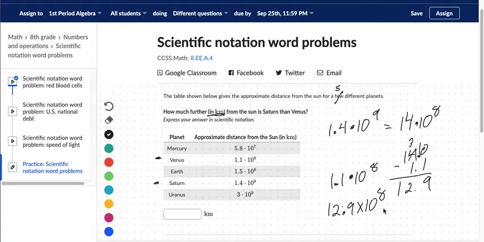That's great, and that is the answer, except that this isn't in scientific notation because this is a 12, and scientific notation has to be between 1 and 9. So we need this to be 1.29, and we can do that. 1.29 times 10 to the, if we move this way, then we're going to increase our exponent. So 1.29 times 10 to the 9th power.